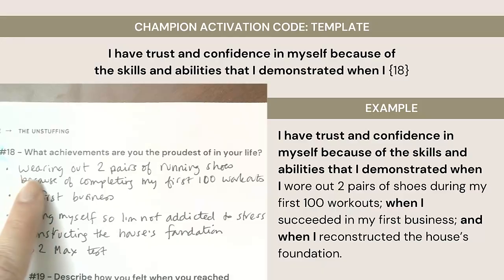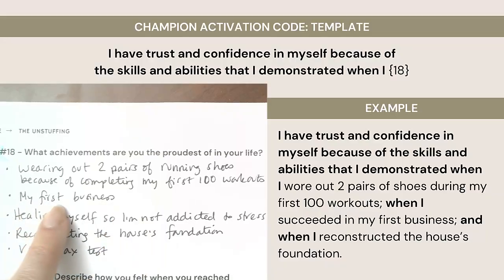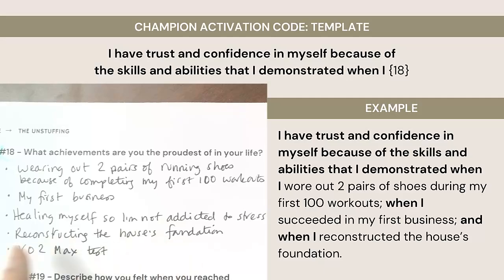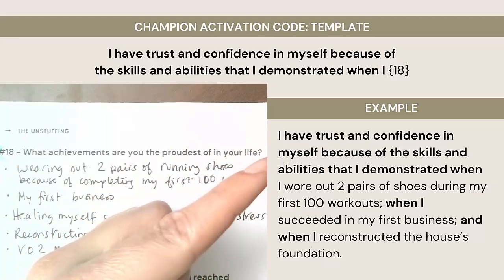So for myself, I wore out 2 pairs of running shoes because of completing my first 100 workouts. Things that happened in my first business, healing myself so I'm not addicted to stress, reconstructing my house's foundation, and also more recently, my VO2 max test results are something that I'm super proud of. But anyway, I looked through these and I created this sentence.